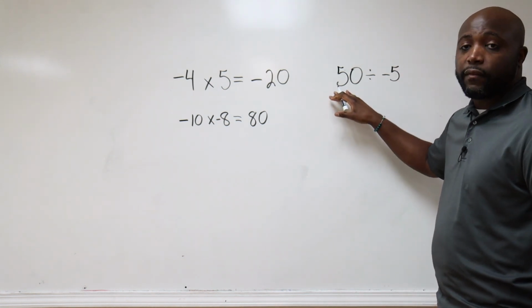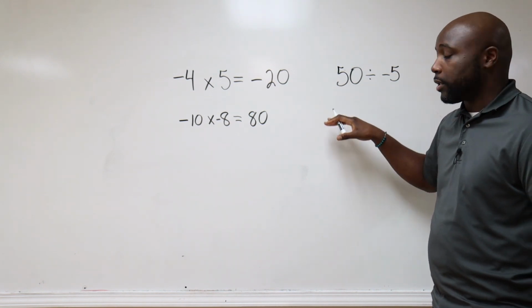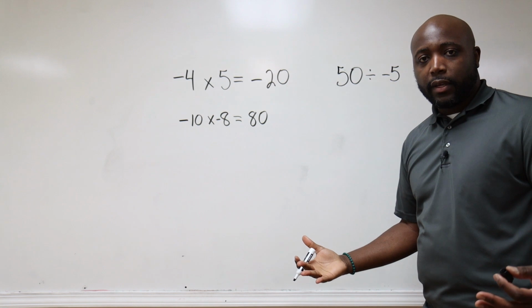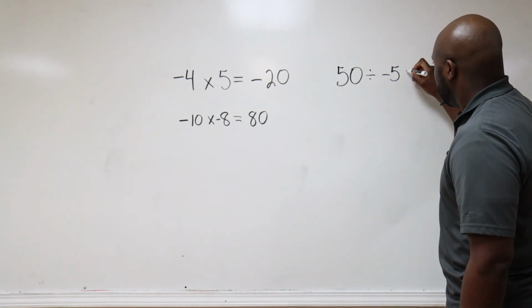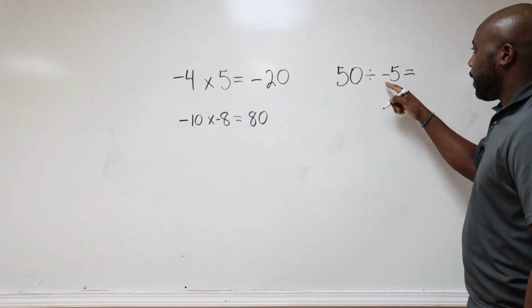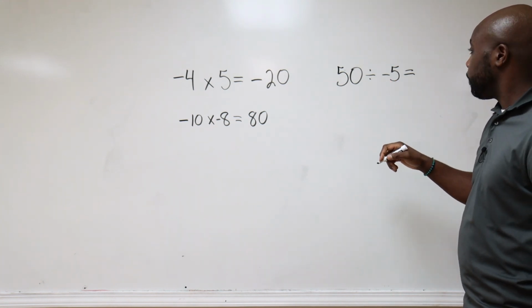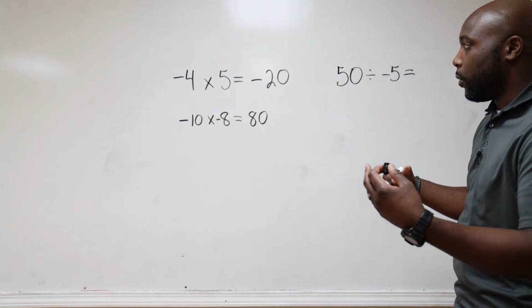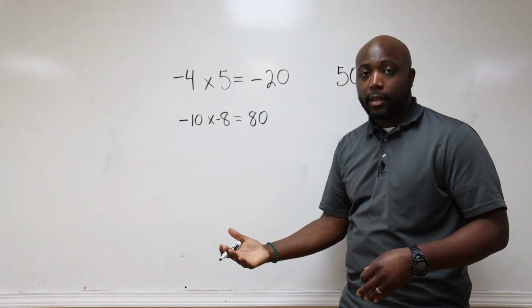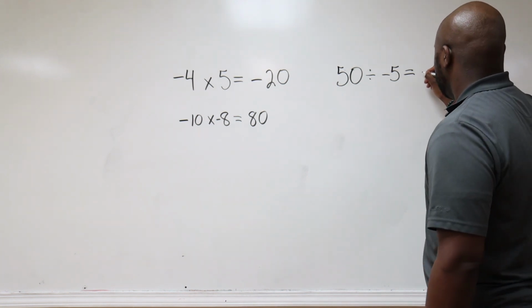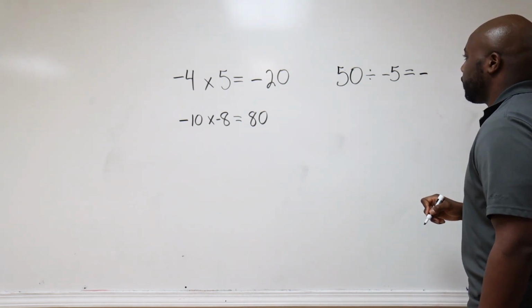Well, we notice that 50 is a positive integer and -5 is a negative integer. When we look for that solution, we know that, according to our rule, with a negative and a positive, anytime they are multiplied or divided by one another, the solution is going to be negative.